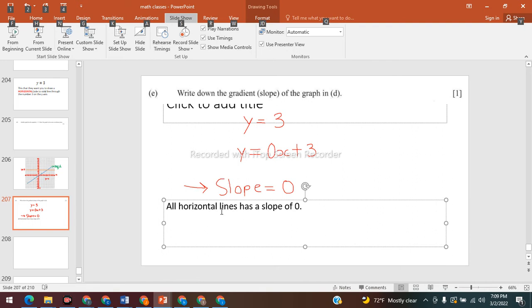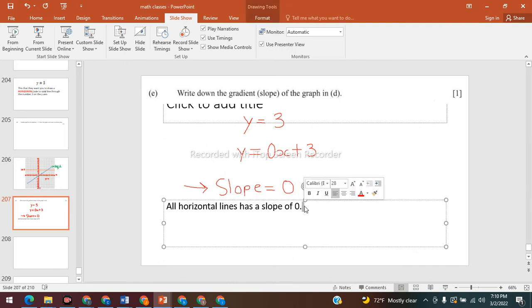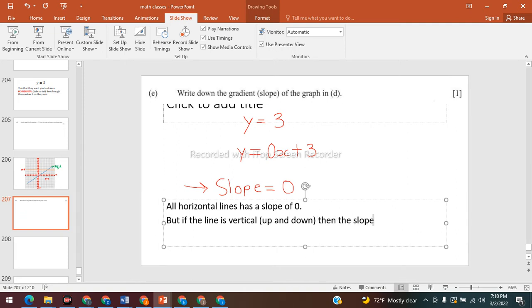Now, if the line is vertical, let me just make another note. They didn't ask us for this, right? But if the line is vertical, what do we mean? Up and down. Very good.